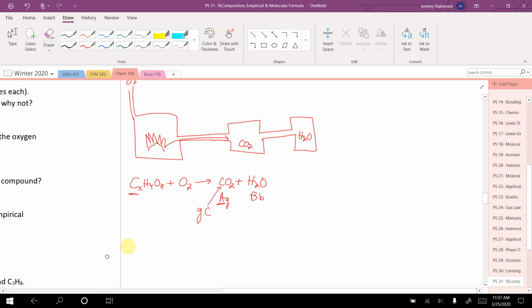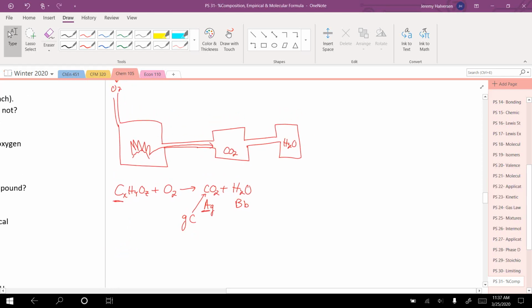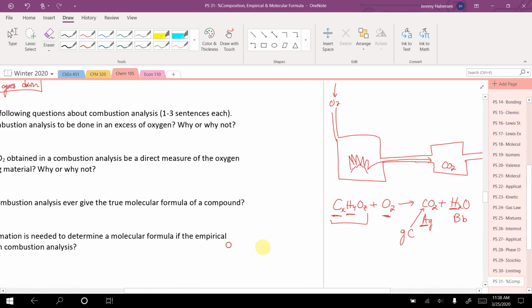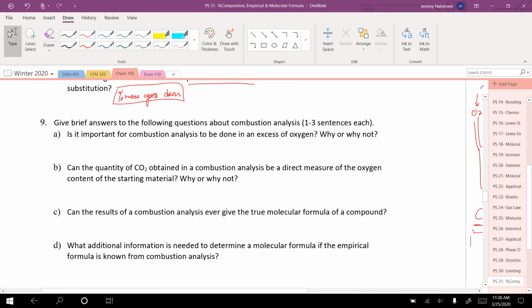So then we would have our grams of carbon in our starting substance. We can then use our amount of water and figure out how much hydrogen is there, because all the hydrogen came from our starting substance. Now we can't do the same for oxygen because we're adding oxygen, but if we know how much mass we started with and we know how much carbon and hydrogen there is, then we can find the oxygen. And then we'll have our mass, we can change to moles divided by the smallest. So let's answer some of these questions with that brief overview.